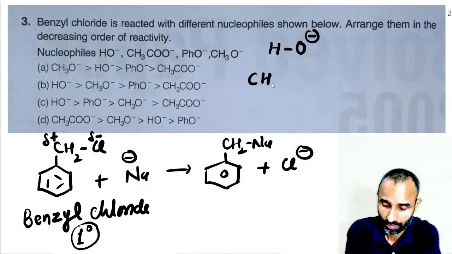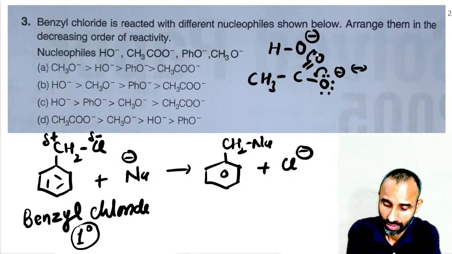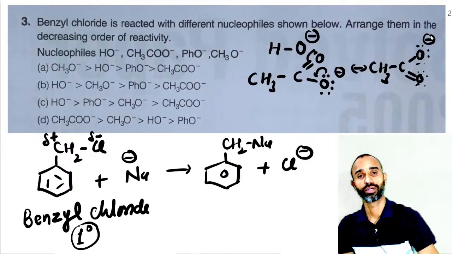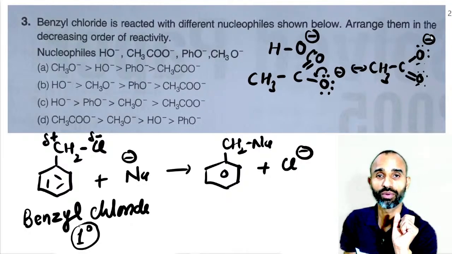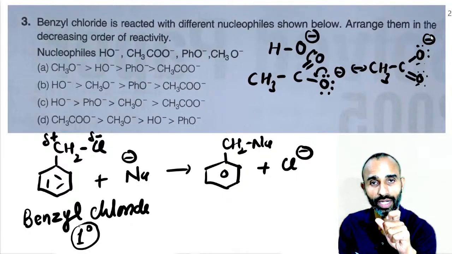But CH3 C double bond O negative is resonance stabilized. So the negative charge is halved. It has more resonance stabilization, and that's why the negative charge decreases.